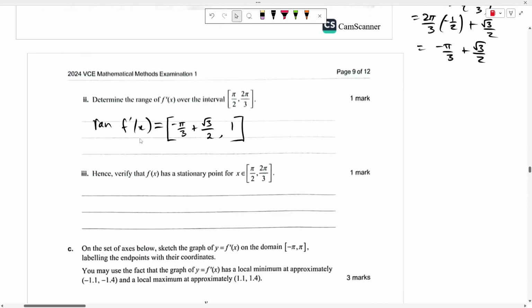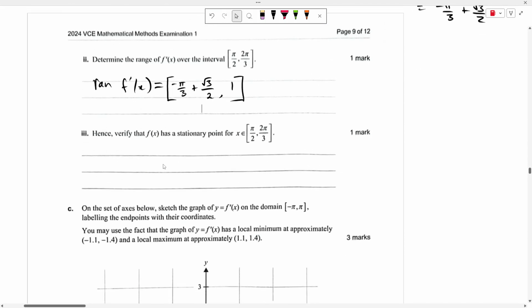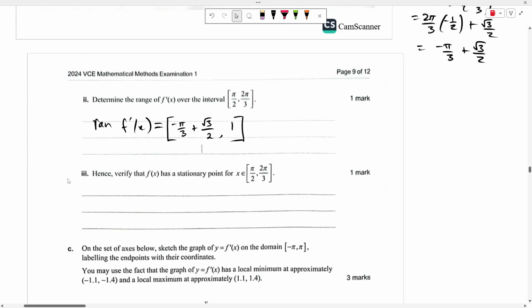Hence, verify that f of x has a stationary point for x in the element of pi on 2 to 2 pi on 3. Well, we can see the range is going from some negative number. So first off, negative pi on 3 plus root 3 on 2 is less than 0.